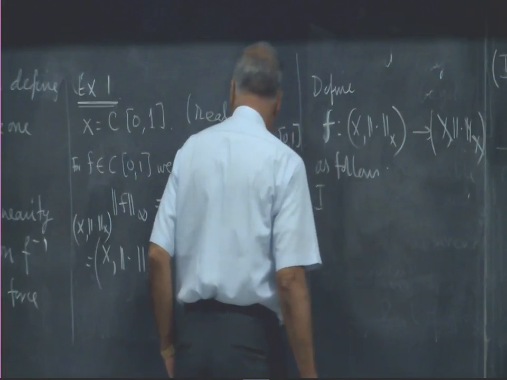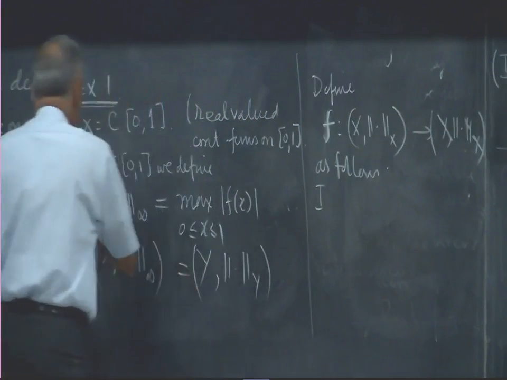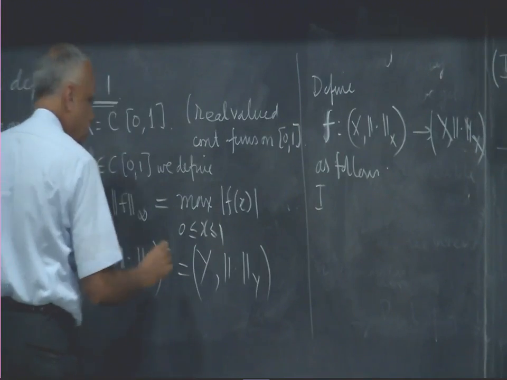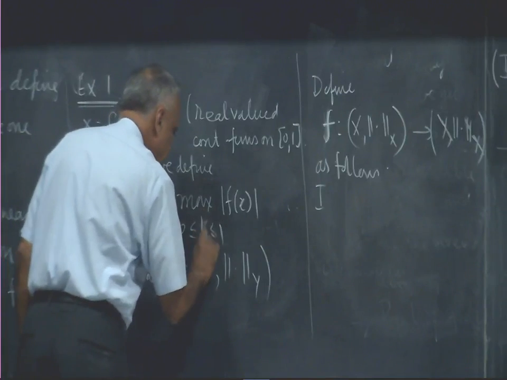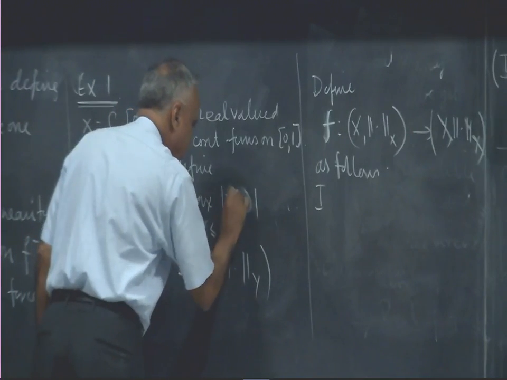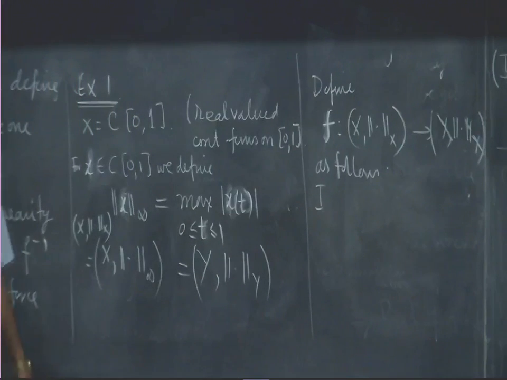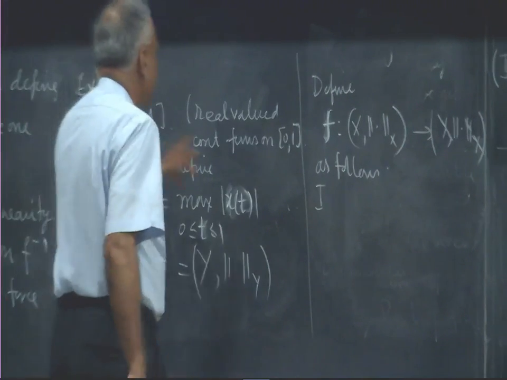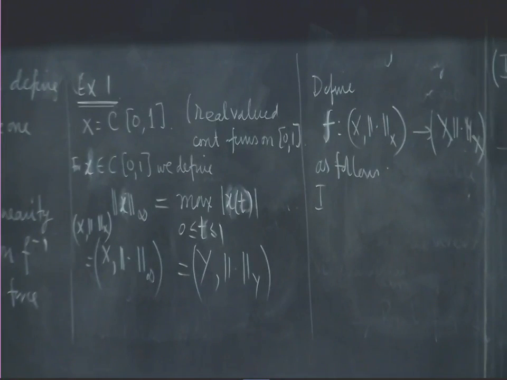So there are too many f's, right? So I will call it x belongs to C[0,1], with norm x infinity, 0 less than or equal to t less than or equal to 1. I will use the variable t. Now I call the function x of t. Because I use the letter f for the transformation, I will continue with that letter.